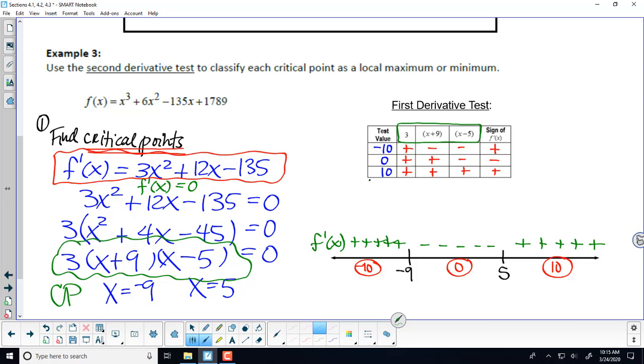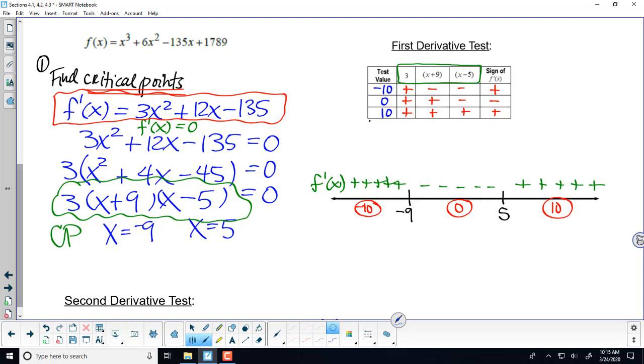All right, so what is that telling me about the graph of this function f if I was going to look at its graph? Because the first derivative is positive, I know that the function is increasing on that interval. First derivative is negative, it's decreasing, and then it's increasing. So according to the first derivative test, if it changes from increasing to decreasing, we have a local maximum.